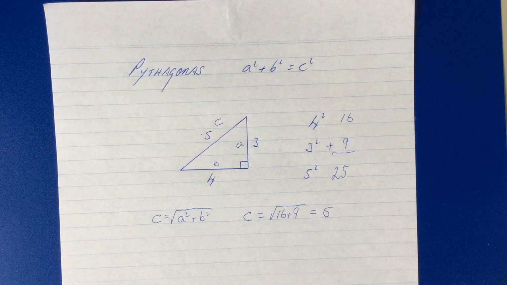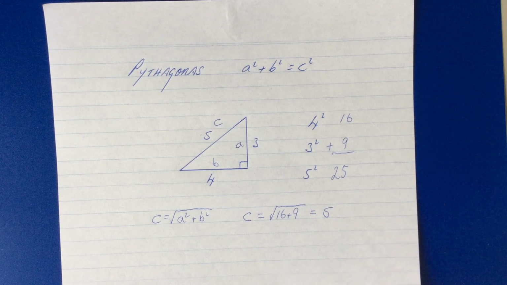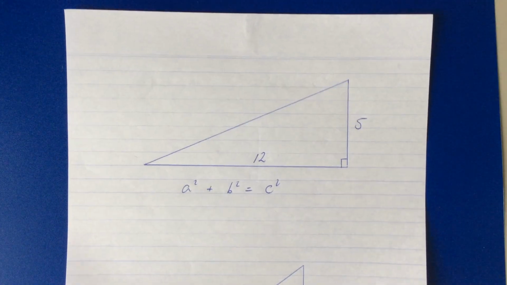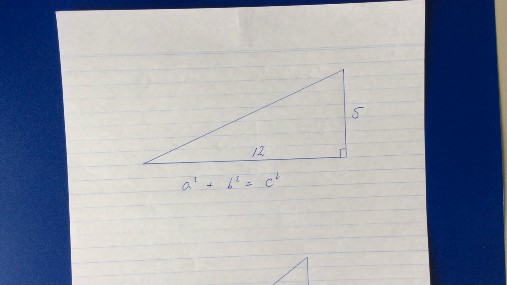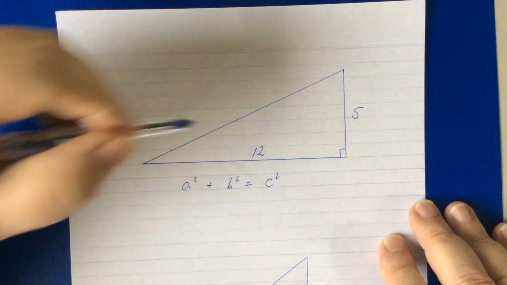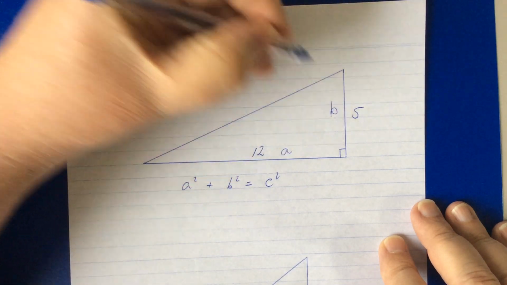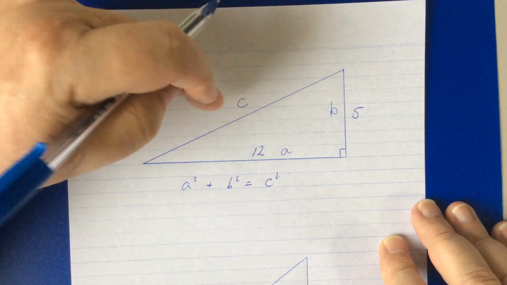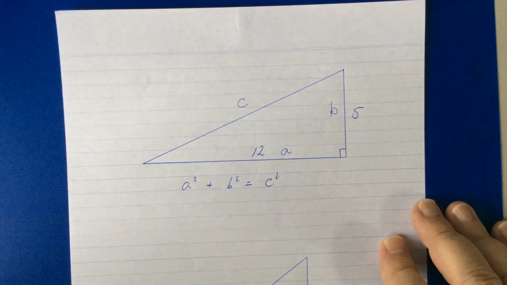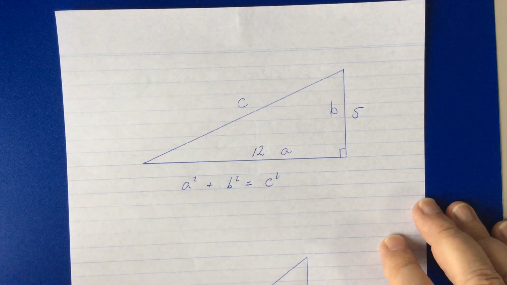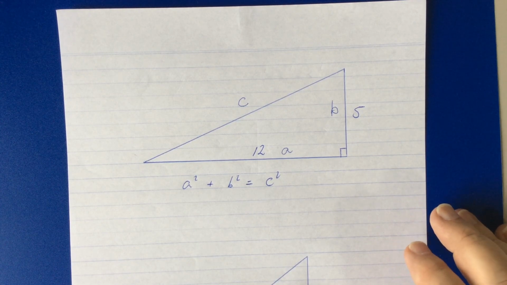Okay, so let's try this with a different triangle. So let's put it to work here. So the first thing we're going to do is we're going to name the sides. We'll call this A and we'll call this B, and this we always call C. So we're going to use the same formula.